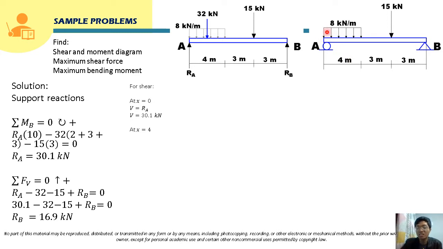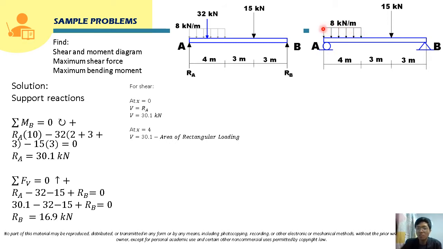The loading here is a distributed loading, and its area will be the change in shear. So we can solve the shear at x is equal to 4 at this point by using the previous shear, 30.1, and summing up the area of this rectangular loading.